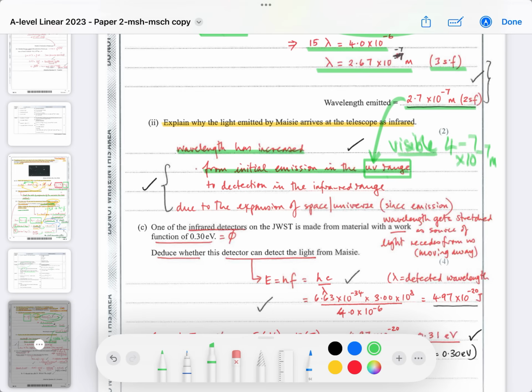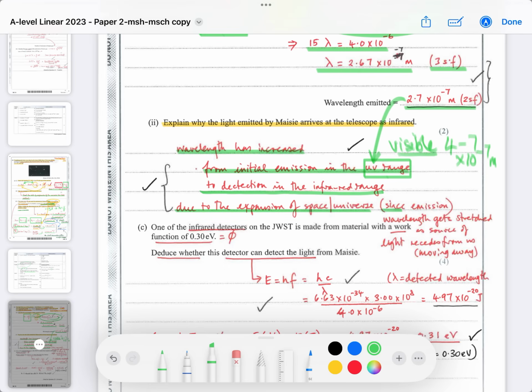So that's what they want you to notice. The wavelength has increased from the ultraviolet, on one end of the visible light, to the other end, the infrared end. So from initial emission in the ultraviolet end of the spectrum to the detection in the infrared range. Now this is called a Doppler shift, but it's actually due to the expansion of space or the universe itself.